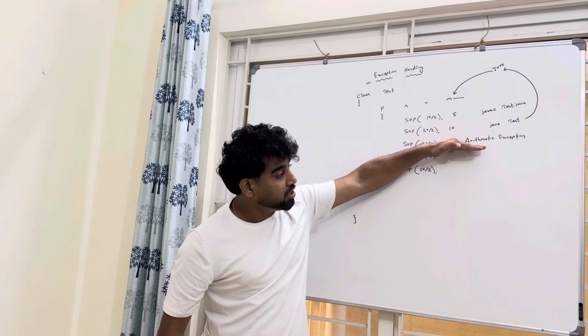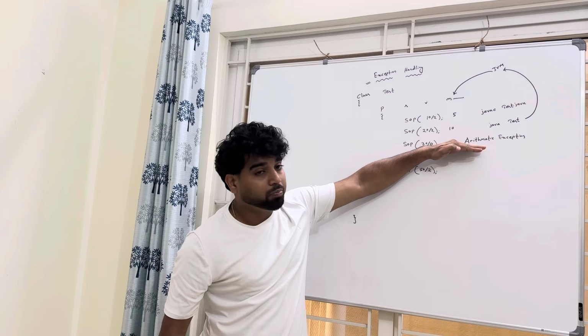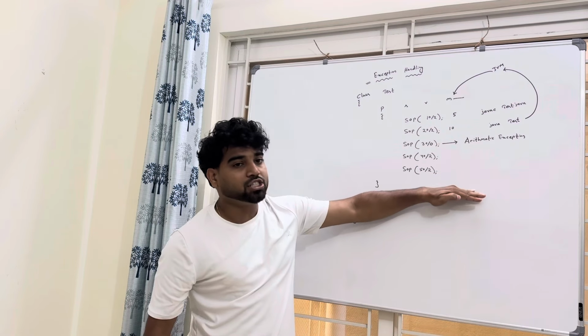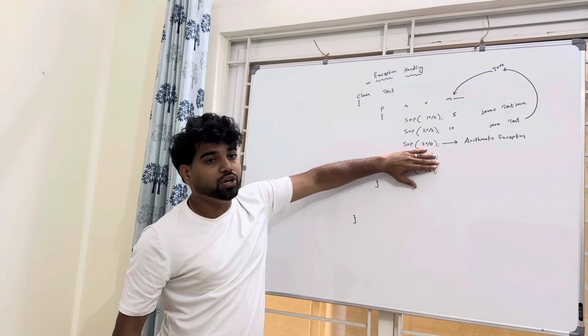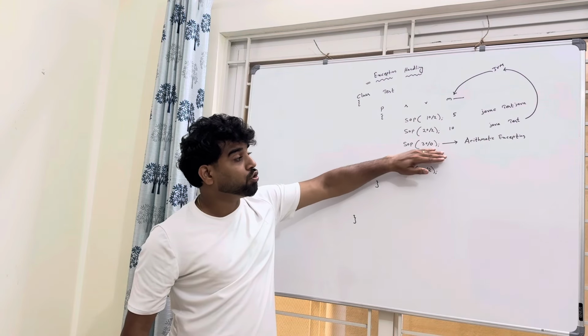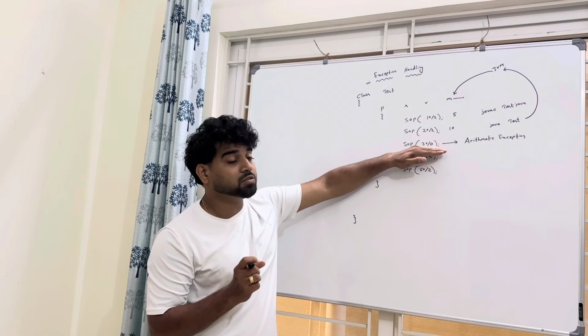Because of this exception, the JVM will not be able to execute the rest of the code, so that code will not get executed. Your program gets terminated at this point of time.